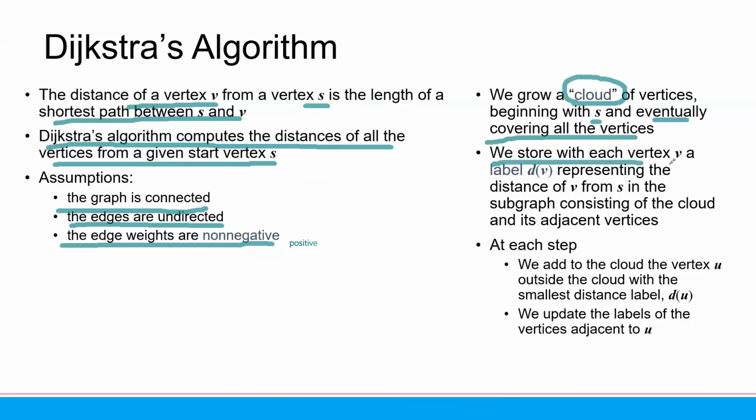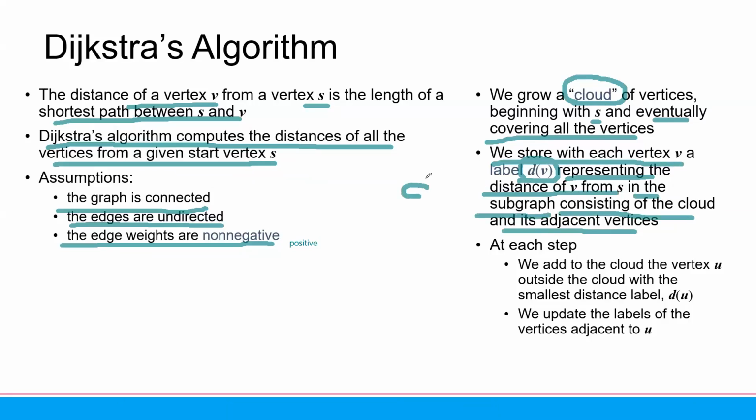We store with each vertex V a label dV, which represents the distance from S to V in the subgraph consisting of the cloud and its adjacent vertices.